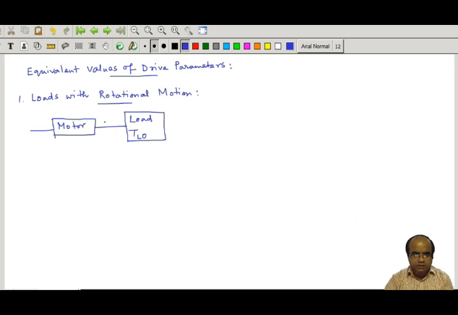Now obviously if this is the direction of the motor speed, then load torque will be acting opposite to the motor speed. This will be the direction of the motor torque, and this will be the direction of the load torque. Okay. Now after that, another load is connected with a gear arrangement. This is the gear arrangement.